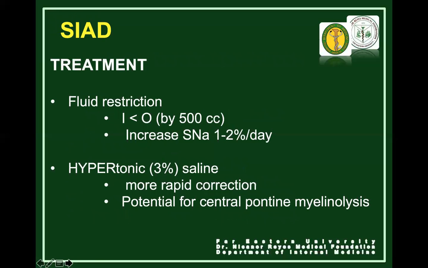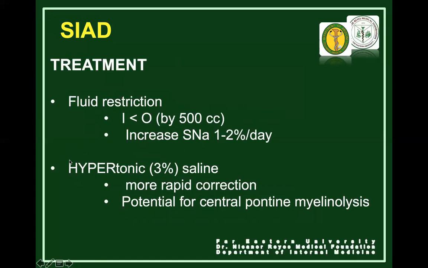So how do you treat? Whatever the cause of your SIAD, for hyponatremia due to SIAD, it would be a standard treatment protocol. However, for you to correct the SIAD, you have to correct the primary cause. So, for the hyponatremia of SIAD, you have to do fluid restriction.